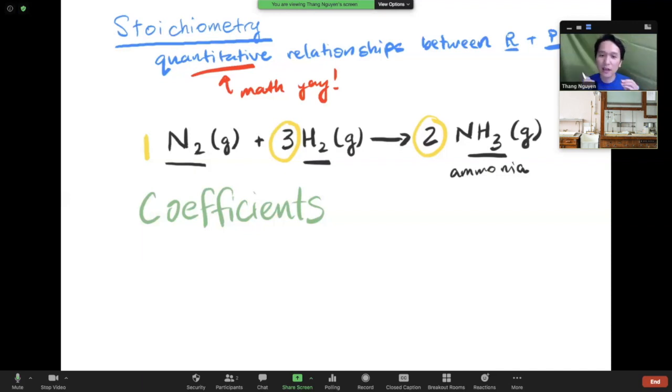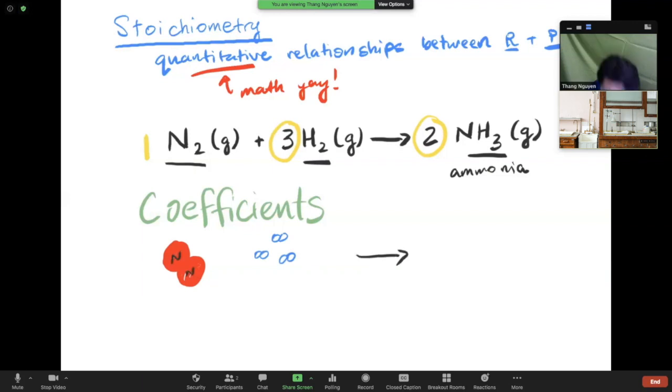In this example, on the simplest molecular level, it means you need 1 molecule of N2 and 3 molecules of H2 to give you 2 molecules of ammonia, NH3. In red, you can see I have 1 molecule of nitrogen, which has 2 nitrogen atoms in it, and I have 3 molecules of hydrogen gas.